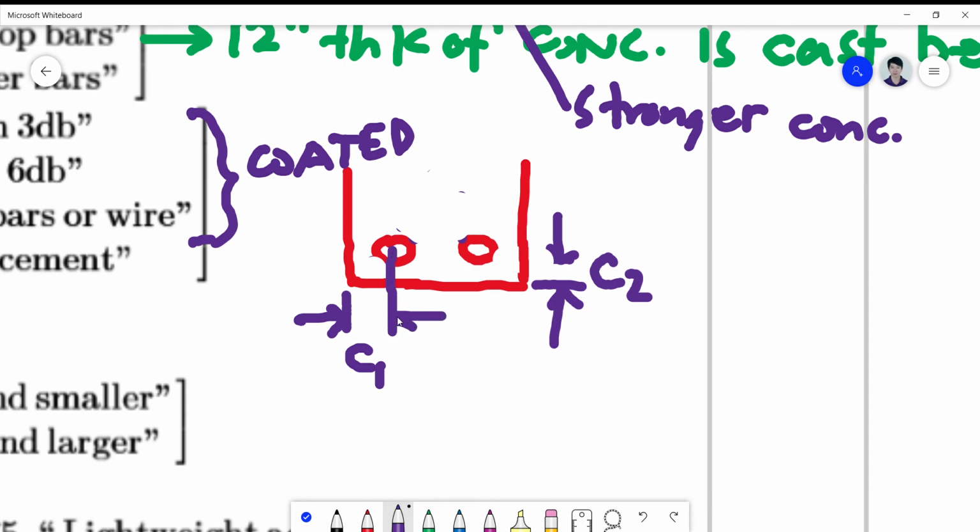So this must be at the center, and this must also be at the center. And also your measurement of S must be S at the center.